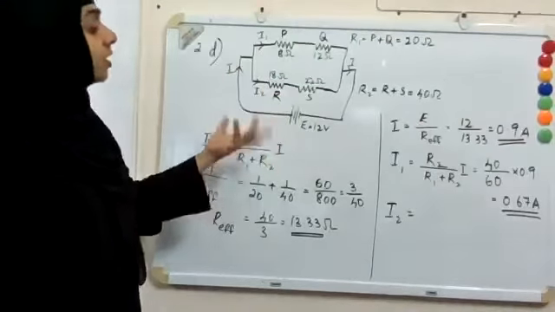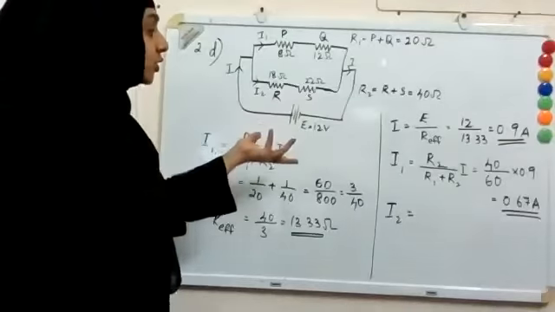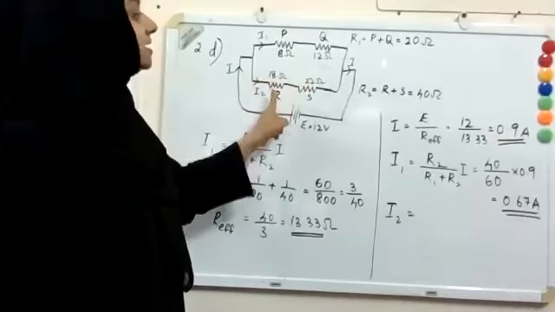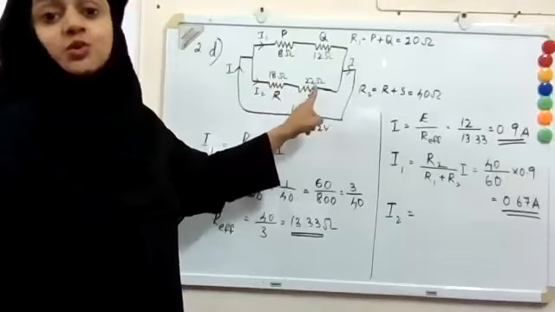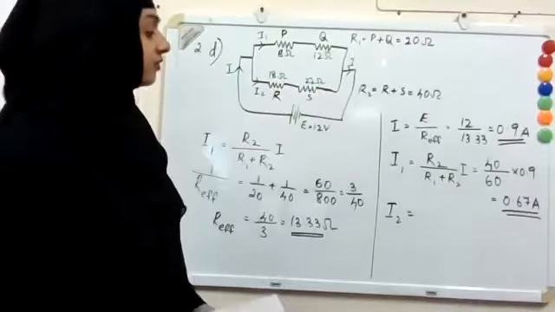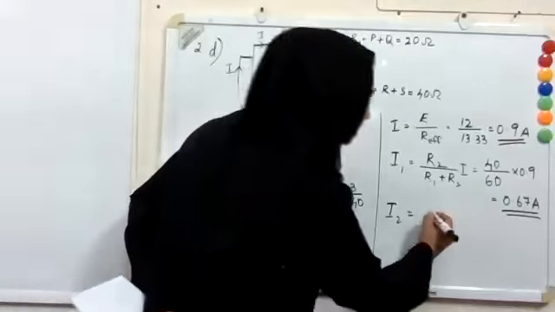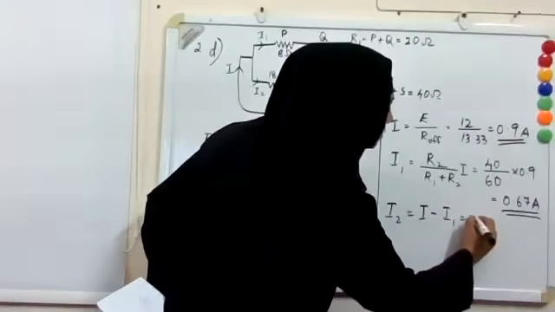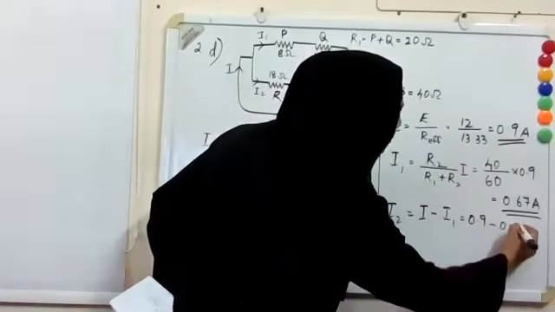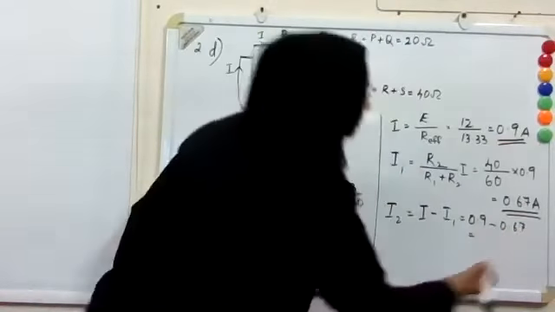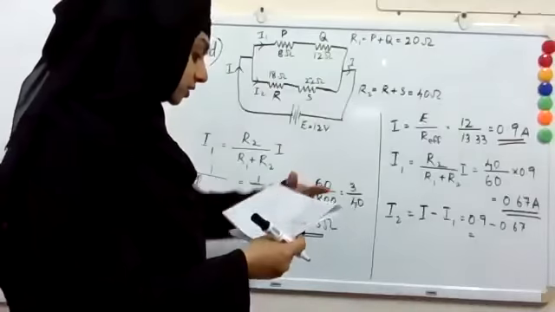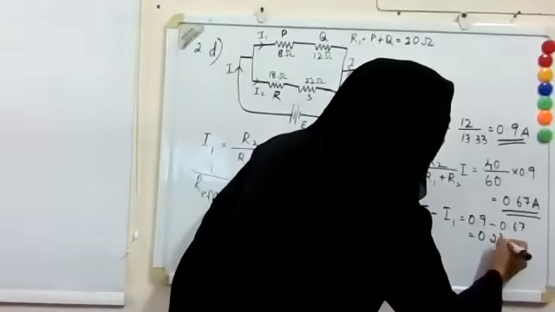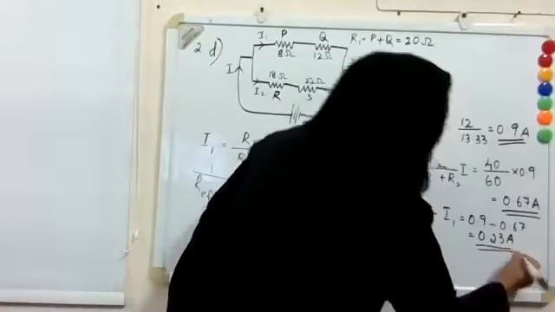That is one way. Or the difficult way, you can do a similar formula, R1 divided by R1 plus R2 into I. That way also you can find, or like Muhammad Jaman told, you can write it as I minus I1, which is equal to 0.9 minus 0.67, and you will get the answer as equal to 0.23 ampere.